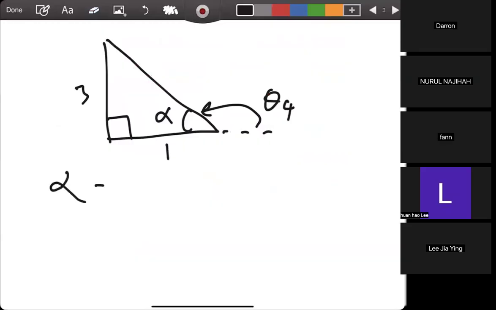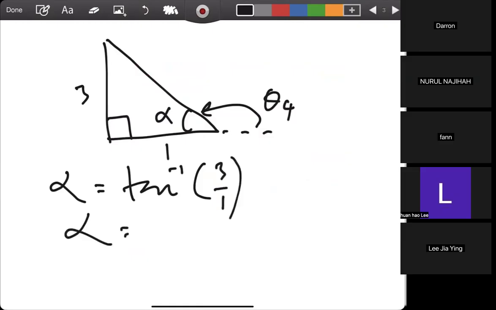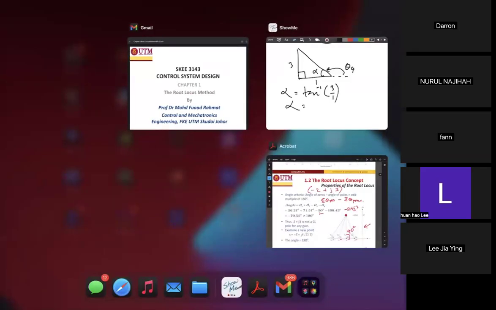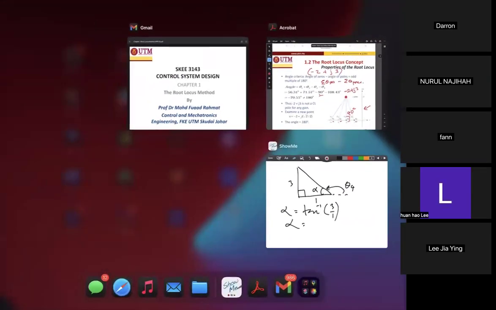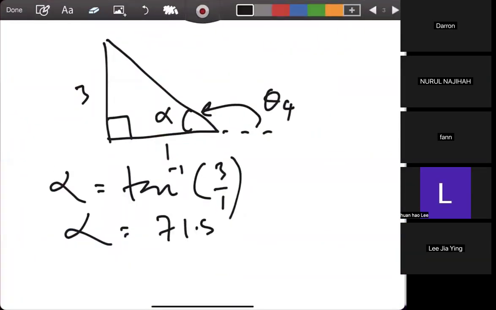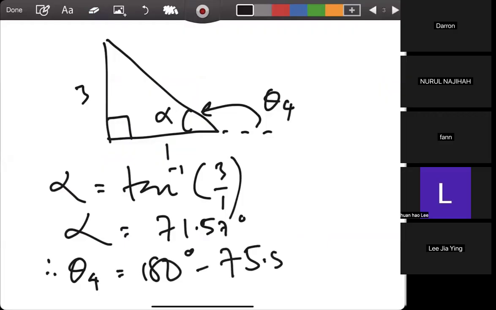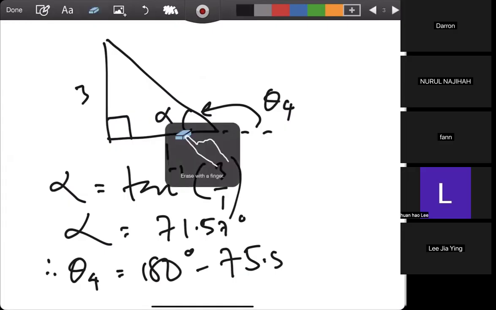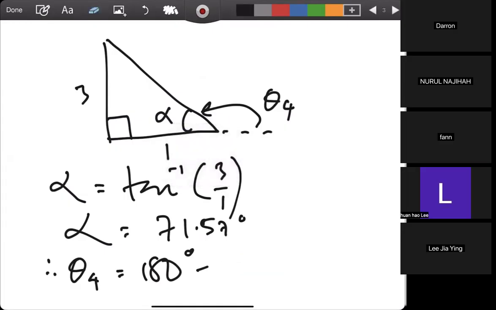So alpha is equal to arctangent, how much? 71.57 again. So theta 4 is 180 minus alpha, which is 108.43.